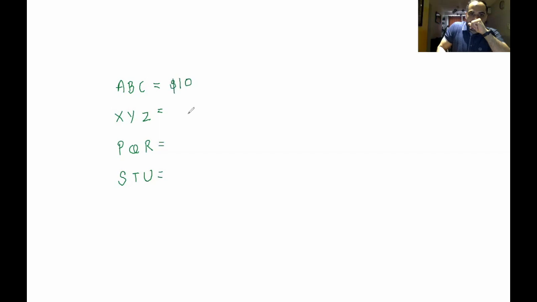So let's say we have different customers, all right? So customer ABC, customer XYZ, customer PQR, customer STU. So we have 4 different customers, right? To these 4 different customers, these are the amounts that belong to them: 10, 20, 10, 30, right?